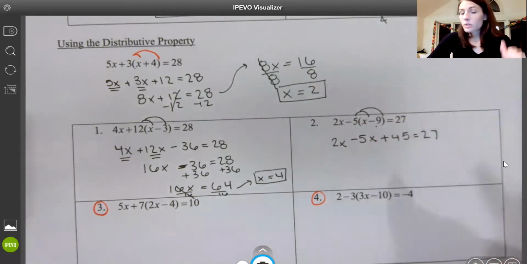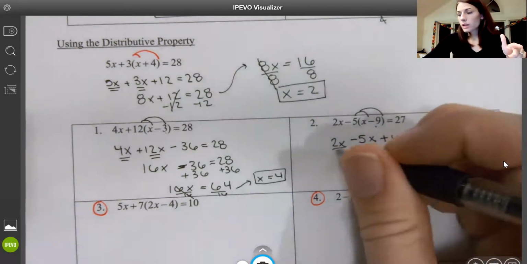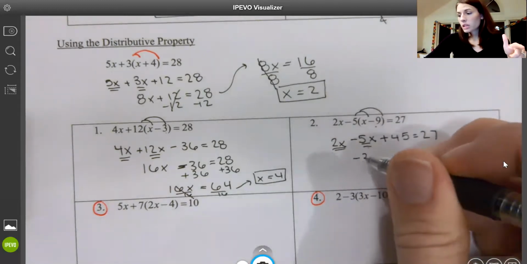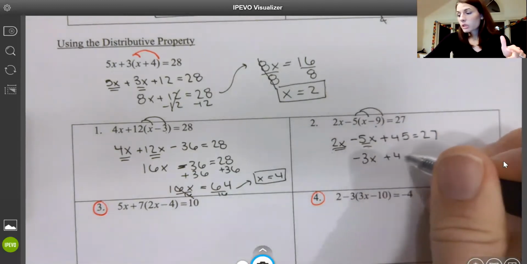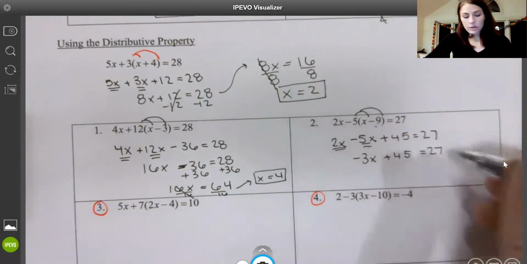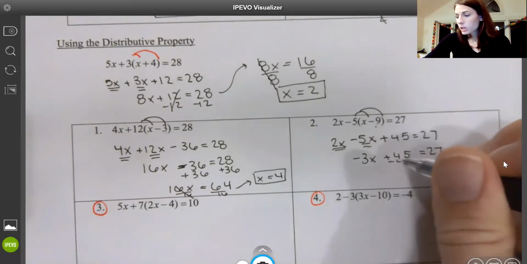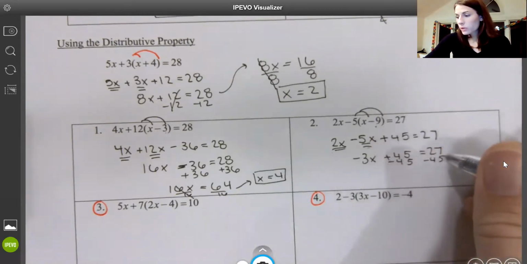And then again, I've cleared parentheses, step 1 done. Step 2, combine like terms. So I have like terms here, and again, being really careful with our signs. That's going to give me negative 3x plus 45 equals 27. And now I'm going to subtract 45 from both sides.